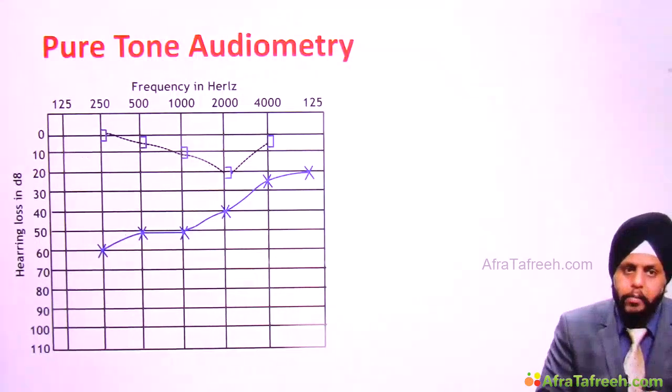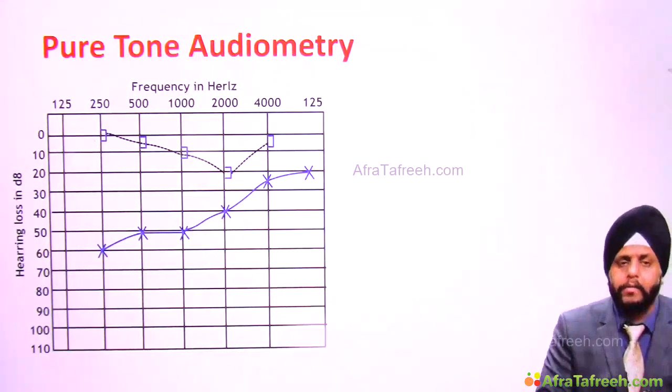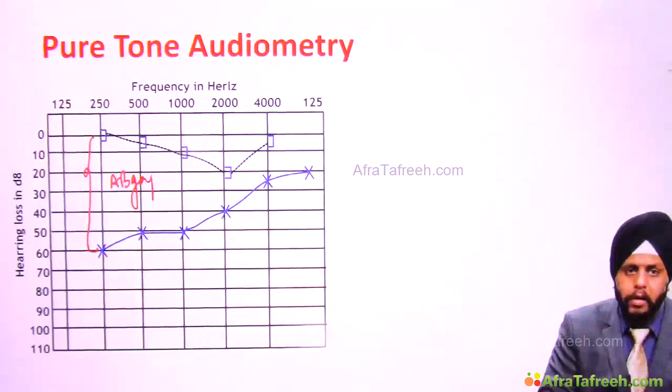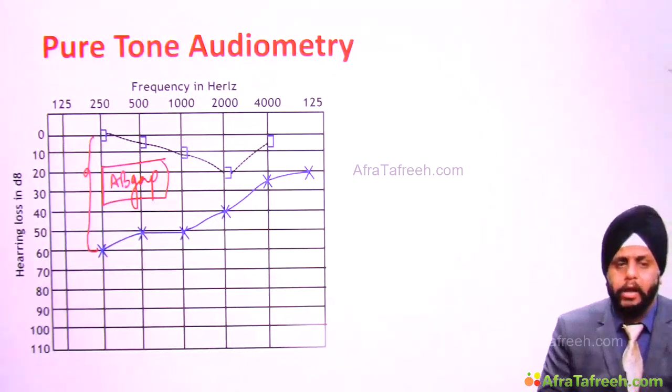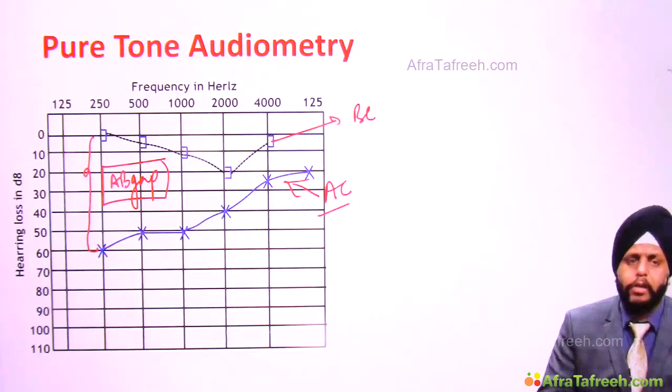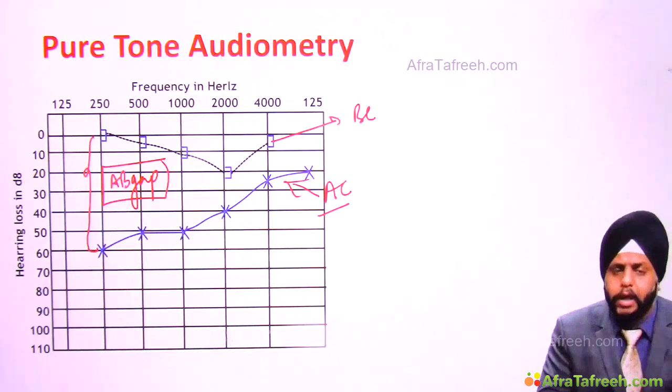What do you find in pure tone audiometry? This is a conductive hearing loss. So, of course, you will find that the patient has an AB gap. Okay, you can see over here, that's the bone conduction, and this is the air conduction, and you see the patient has an air bone gap, AB gap.